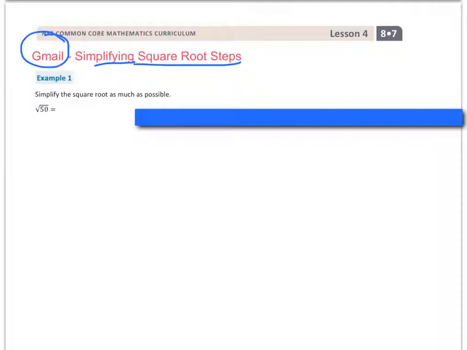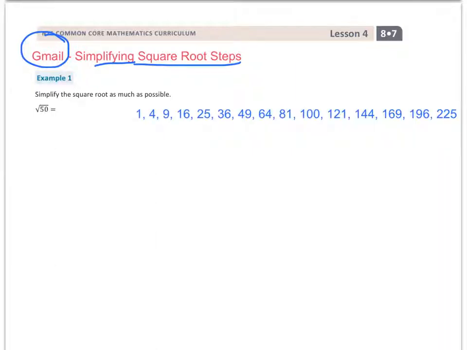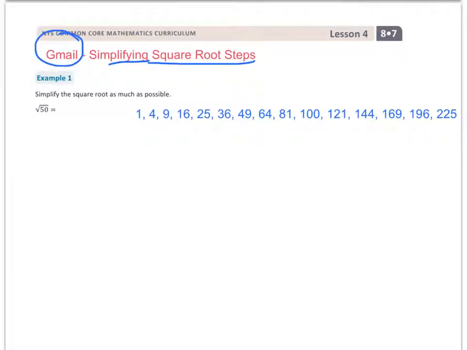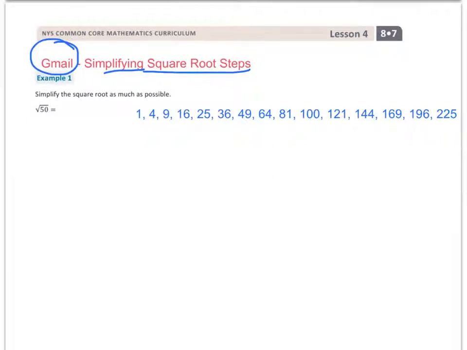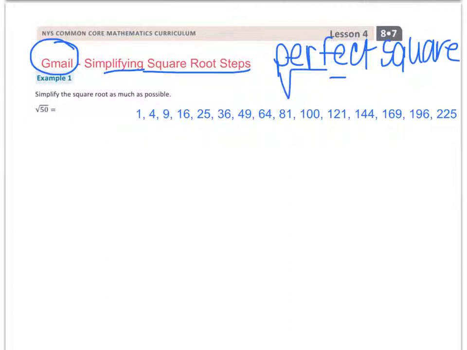So the first step is always finding the largest perfect square that divides evenly into 50. So what I did, I made a list of the perfect squares. The square root of 50, so what it means to be a perfect square, you can take the square root and you'll get a whole number.